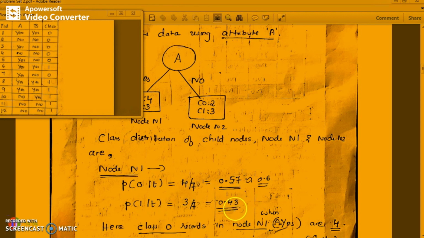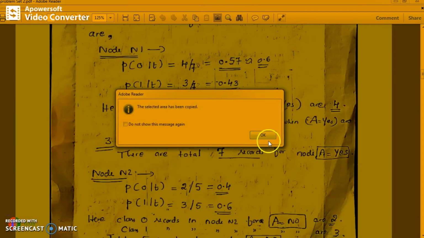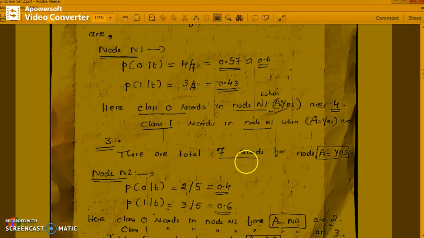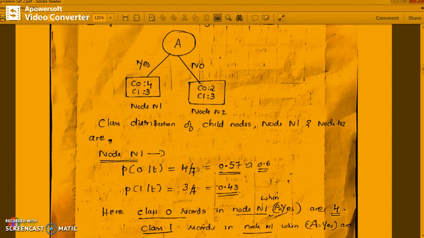So this is how you compute the fraction, okay? You round it off. You can see here the class distribution of node n1: class 0 is 0.6 and class 1 you got as 0.4, right? Okay, now the same calculations you continue for node n2 as well.